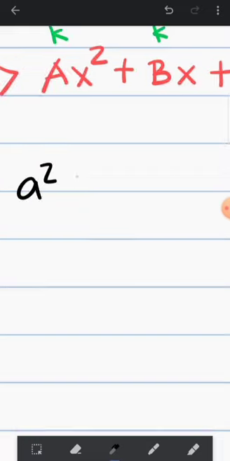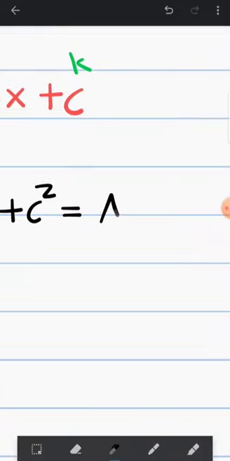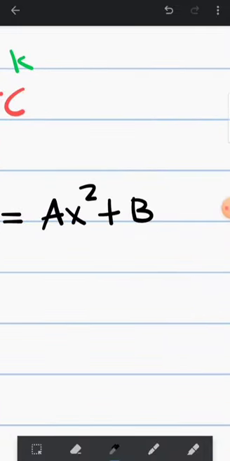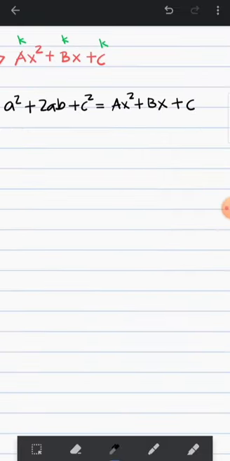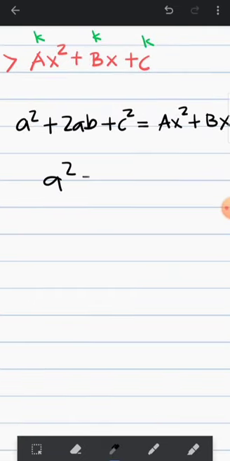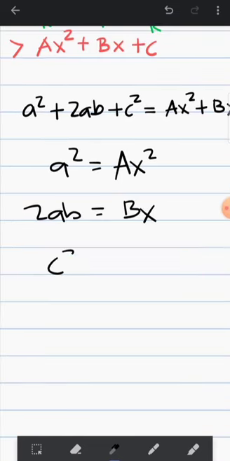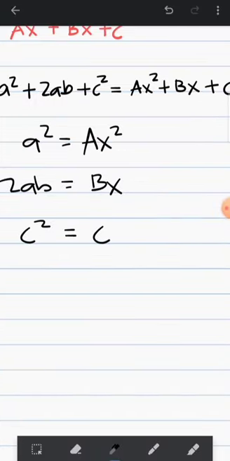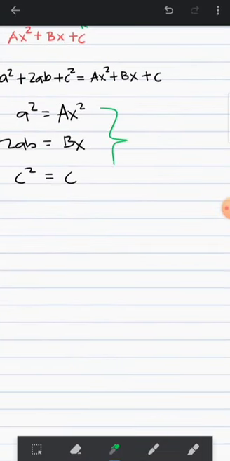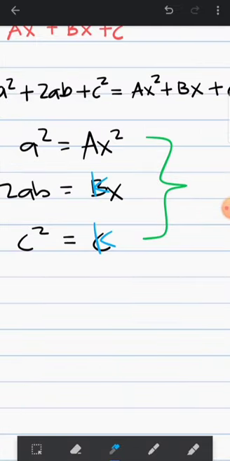So since a perfect square trinomial is in the form like this, just equate that to ax squared plus bx plus c. And then since they are equal, these terms are also equal. So a squared is equal to ax squared, and then 2ab is equal to bx, and then c squared is equal to c. Alright? And with these equations, you can now solve for what's k. Because this could become k, this could become k, and this could become k.